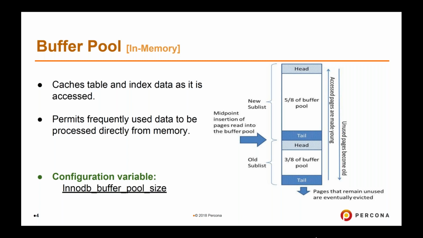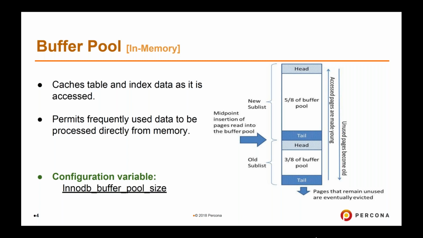How it works: it works on the LRU algorithm, least recently used. Recently used pages will be moved towards the head, and if pages are not used for a while, those pages will move to the tail. Newly read pages are inserted in the middle, and depending on how frequently we access those pages, they move towards the head or tail.